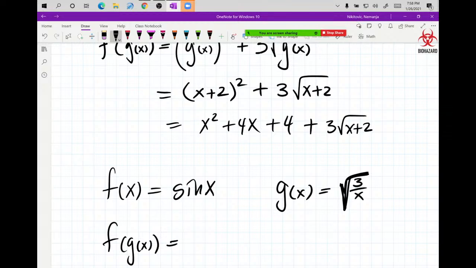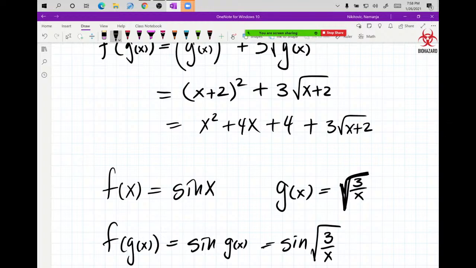Would it be sine g of x? Perfect. And then it would be sine root 3 over x. Perfect. And you just did the function composition for pre-calculus 2, which is going to be 3 months from today down the line. And you just answered that question like it's nothing.